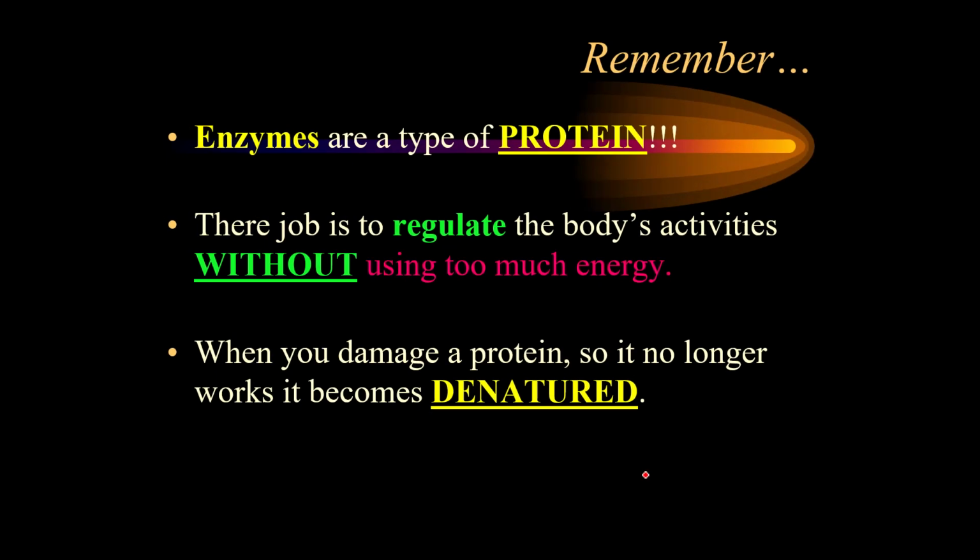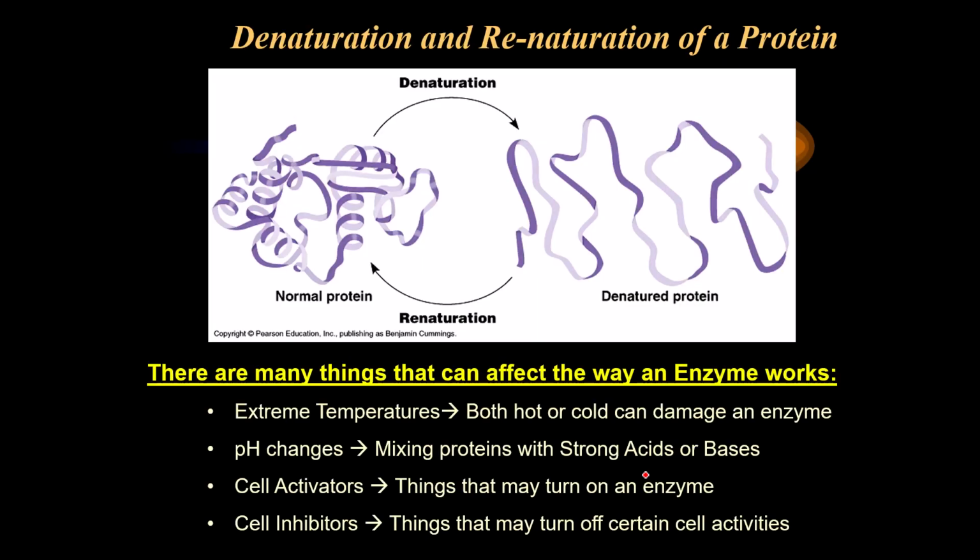Enzymes are a type of protein, like we talked about. Their job is to regulate body activity without using too much energy, but they can be damaged. Another term for damaged, and we'll use this term, is denatured. It means they're kind of broken apart. There are a couple of ways we can denature a protein.